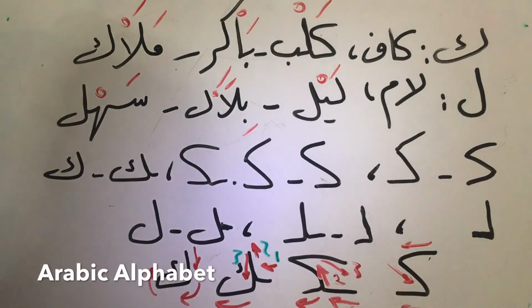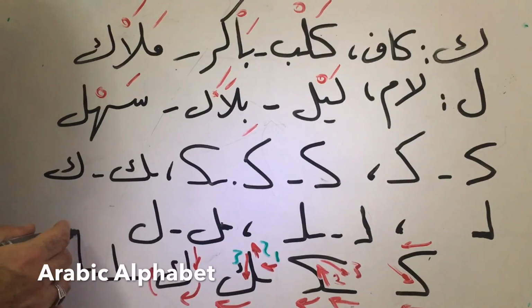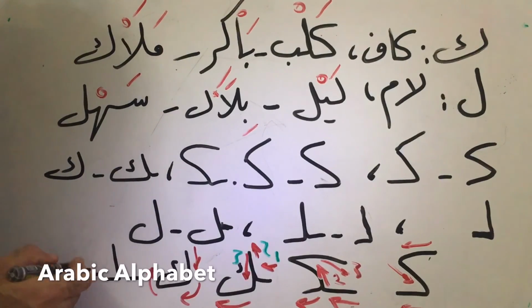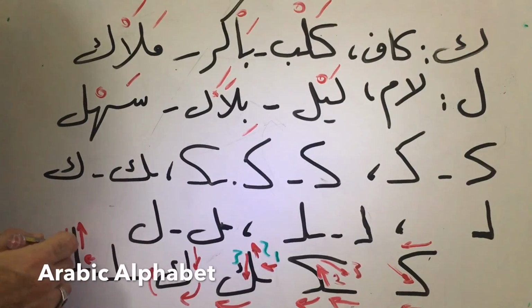Lam is easier somehow. If it is at the beginning, start from up, down. In the middle, start like this. So if we start from here, go up, then down, then to this side.